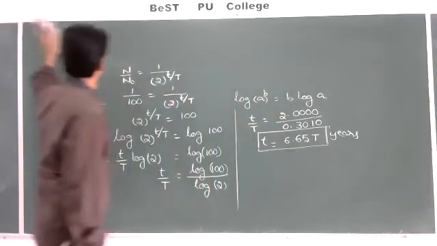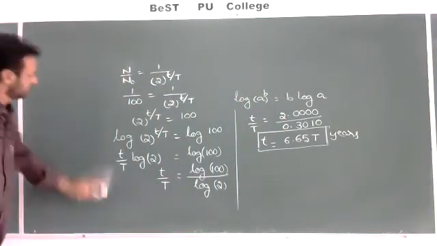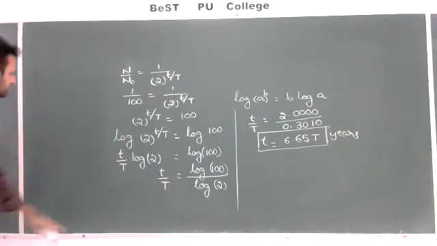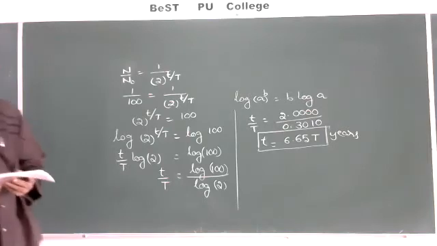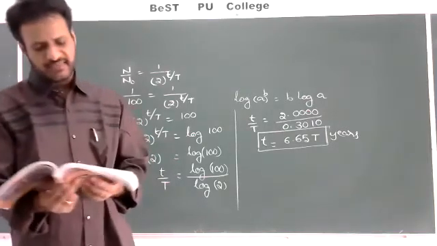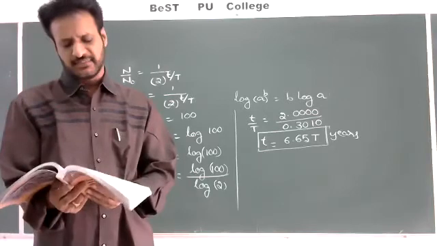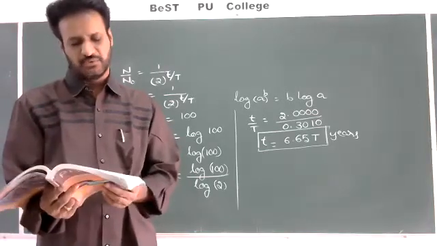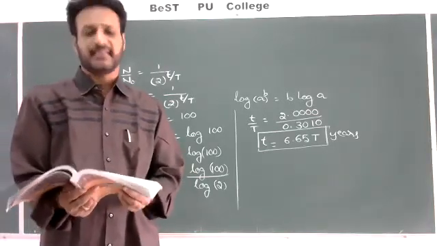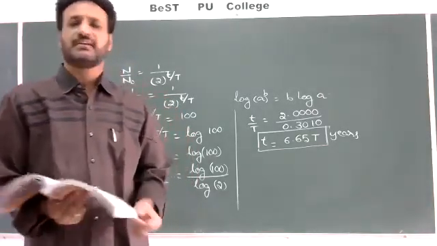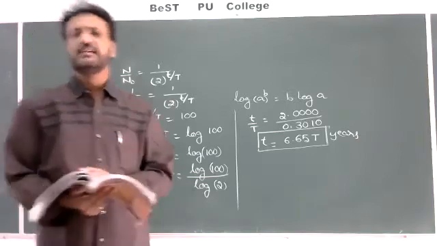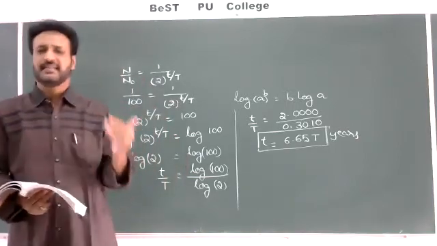Next question, 13.8. So check 13.8. The normal activity of living carbon-containing matter is found to be about 15 decays per minute for every gram of carbon. If we take 1 gram of carbon, it has an activity of 15 decays per minute.